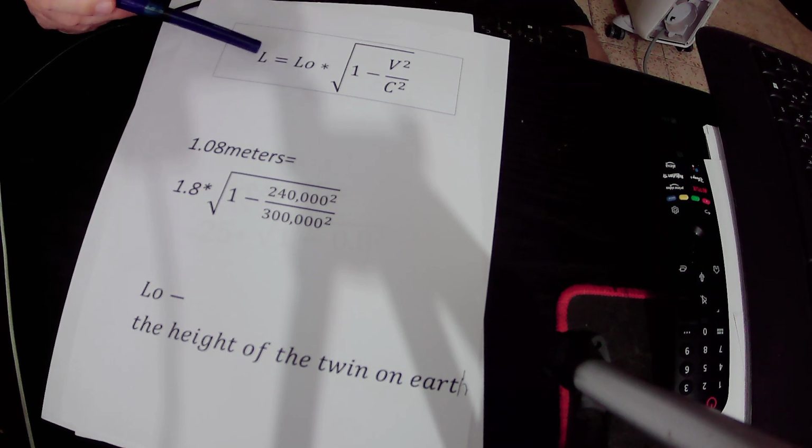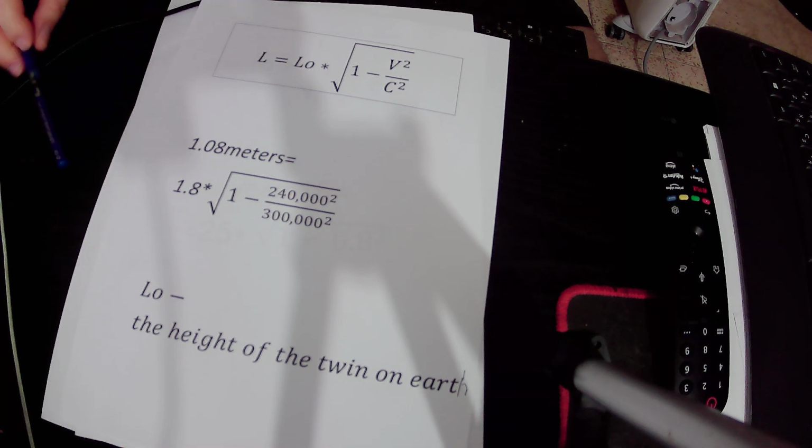When he is traveling at the velocity of 240,000 kilometers per second, his height will be shrunk to 1.08 meters, or 108 centimeters only.